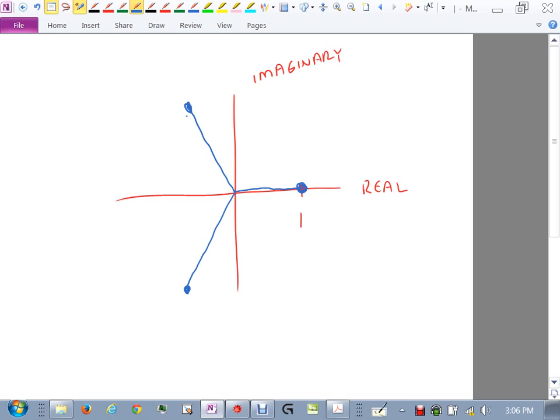So let me try and figure out what this one is. What is the x-coordinate right here? Remember what this angle is. This angle here is 120, which means this is 60 degrees. So negative 1/2, right? So the real part of that is negative 1/2. What's the imaginary part? That's the up part.